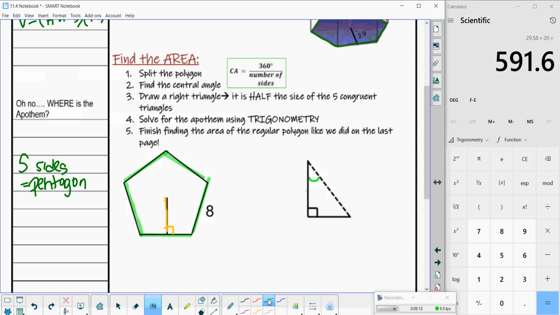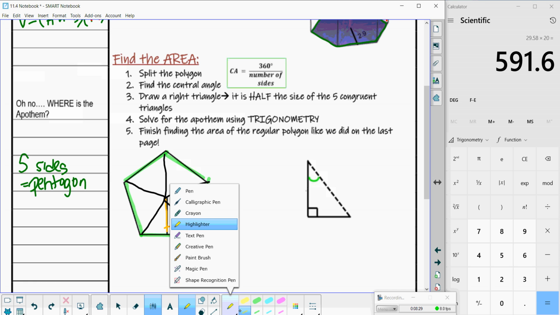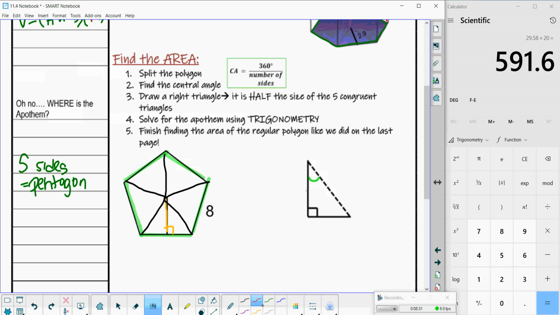Okay, so split the polygon. Just want to split it into triangles. Okay, and then find the central angle. And so the central angle in this case is one of our triangles here.